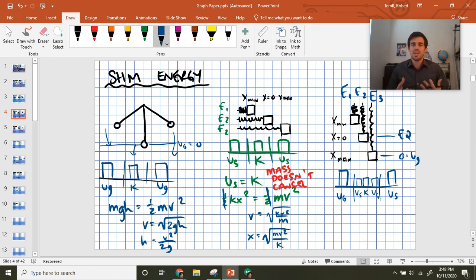So really the only thing that's usually convenient is comparing these 2 points here, the highest point versus the lowest point. And if we do that, we can just say something like mgh is equal to 1/2 kx squared. It turns out that this h, the height it's up, is equal to the x that it's stretched.